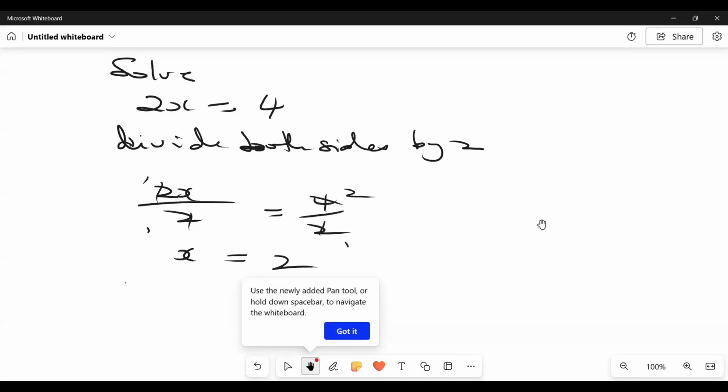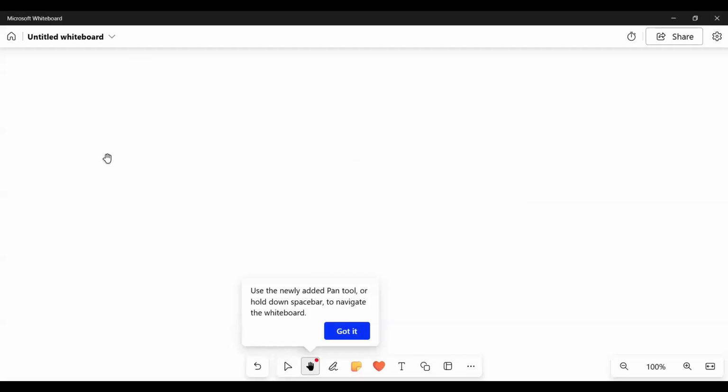Great. So let's get a little more complicated. Let's get something like this now. 2x minus 1 equal to 5. Right? So we have to solve something like this now. Well, first we might want to isolate the term involving the x.